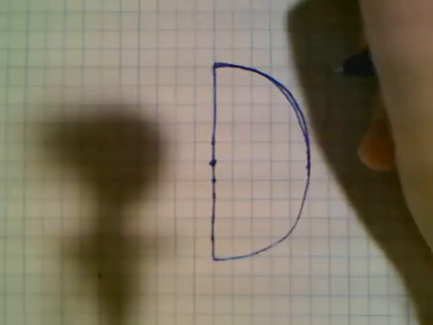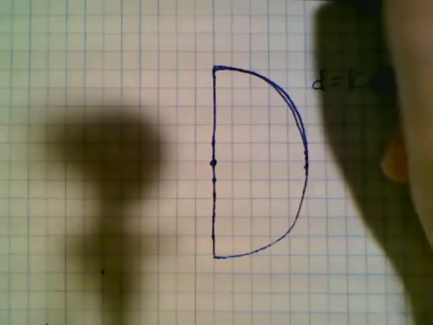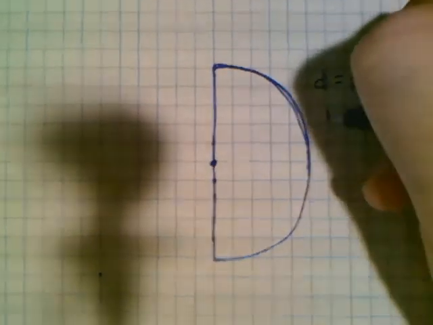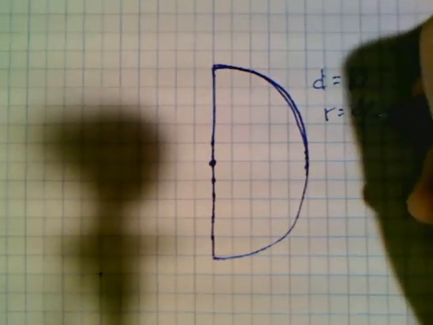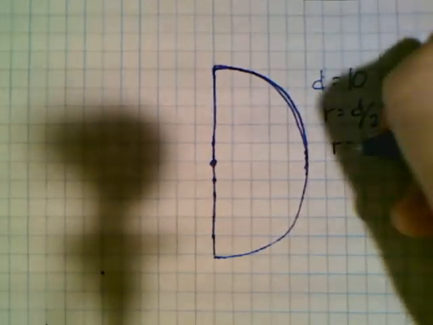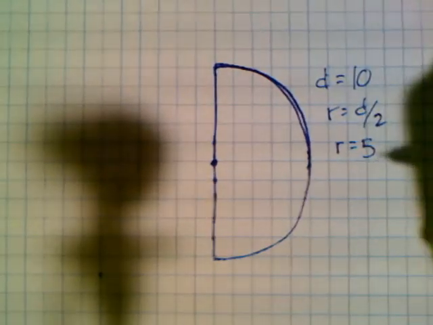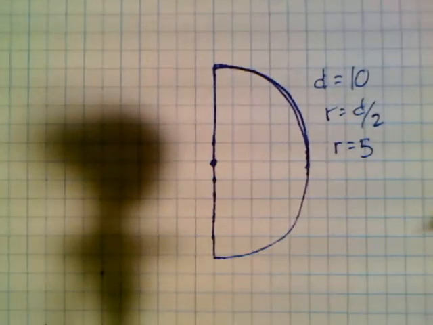So, my diameter is 10. And this question actually tells you the diameter is 10. So that means my radius is half my diameter. So my radius equals 5. Oh, we have to do a full circle. The question asks for a full circle.